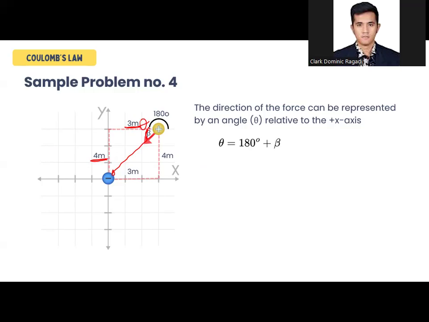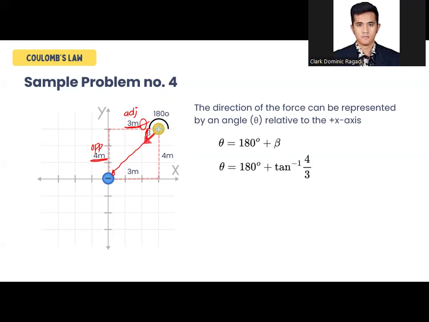Just a brief review: the tangent of an angle is equal to the opposite side over the adjacent side. The opposite here is our 4 meters, since it is the side directly facing the angle. And then we have here our adjacent. When we say adjacent, it's the side nearest to the angle.